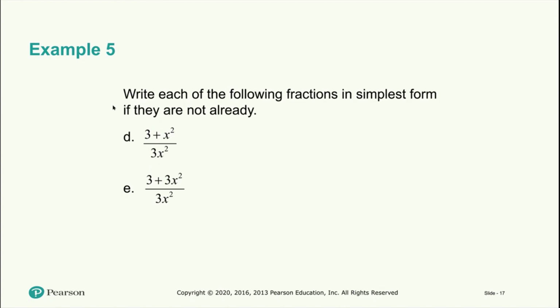So notice that we would basically be left with no option here but to say that this cannot be simplified any further. In other words, it's already as simple as it's going to get.